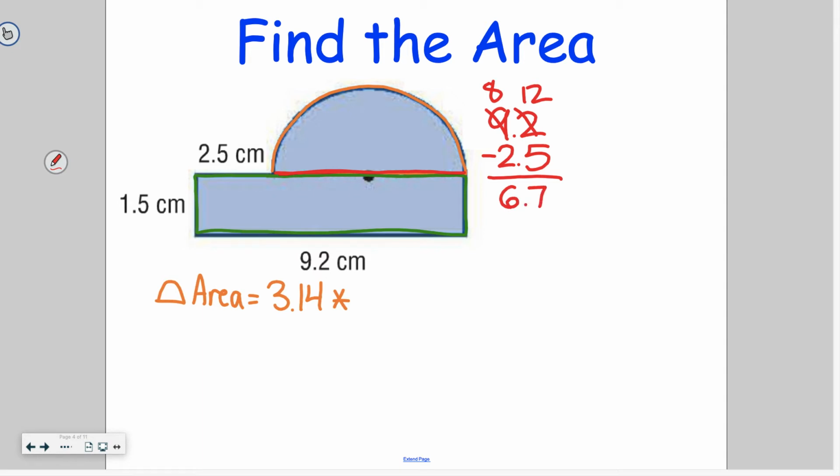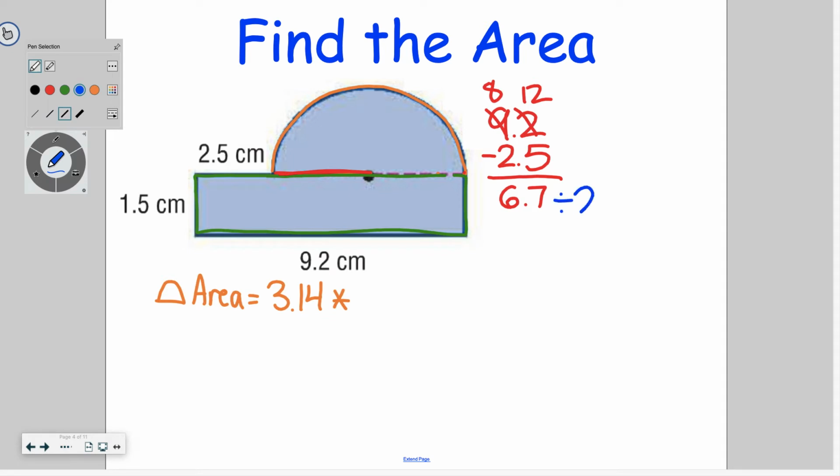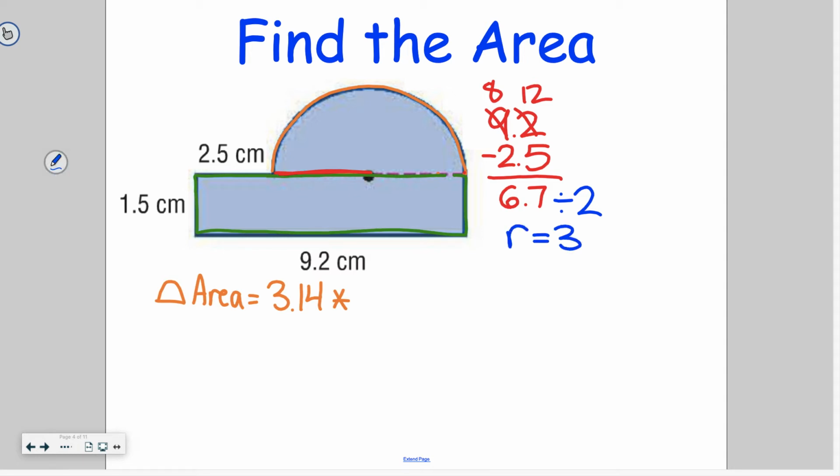Now, I mentioned that we only want the radius. So that 6.7 then, I'm going to have to divide by 2, and that is going to give me 3.35. So my radius is 3.35 centimeters.